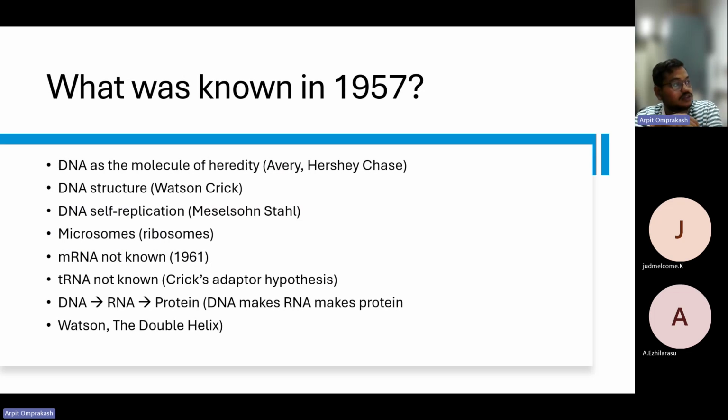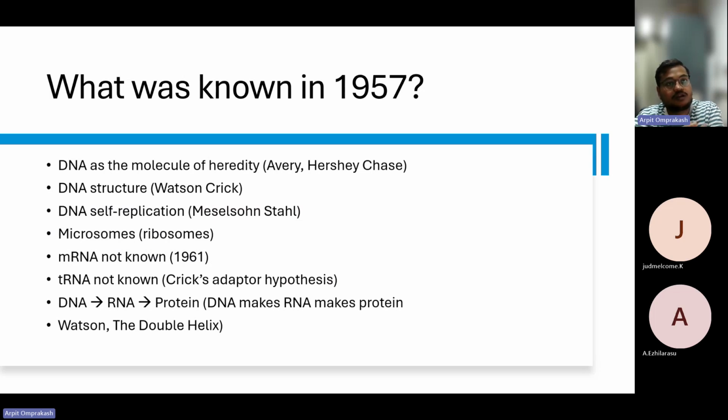What was known was that DNA is the molecule of heredity, as established by experiments carried out by Avery and Hershey-Chase. Then DNA structure was explained by Watson and Crick. Then Stahl gave a method for self-replication of the DNA molecule.